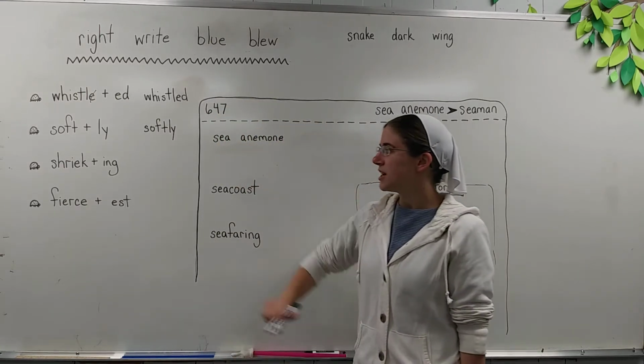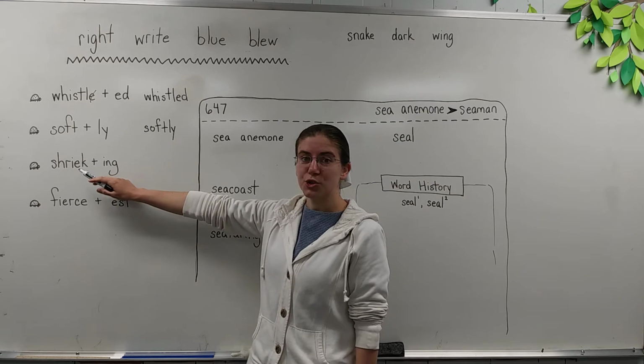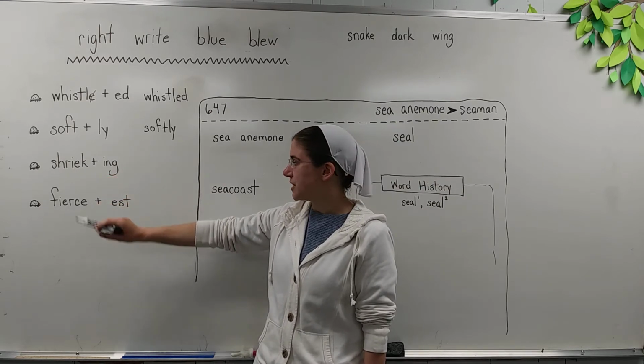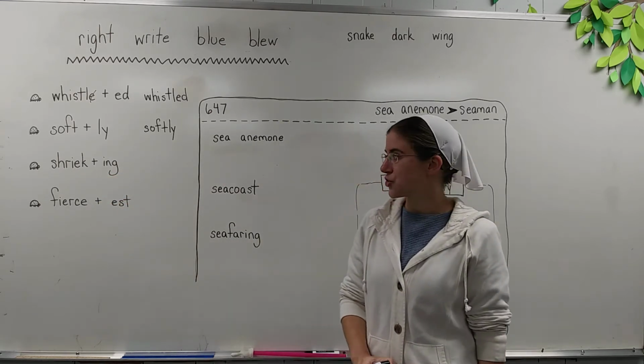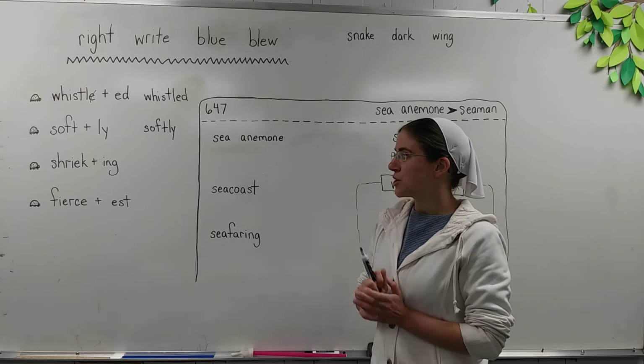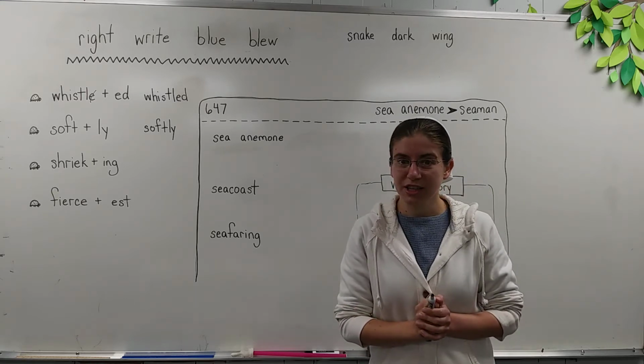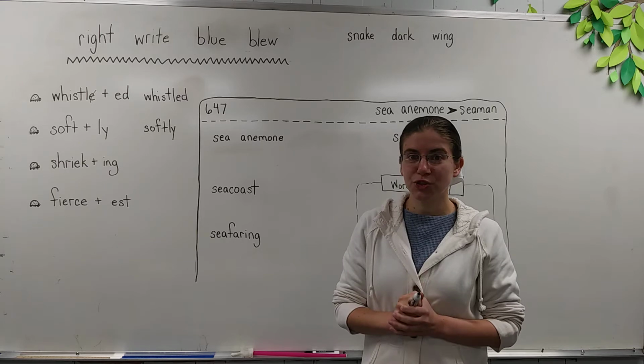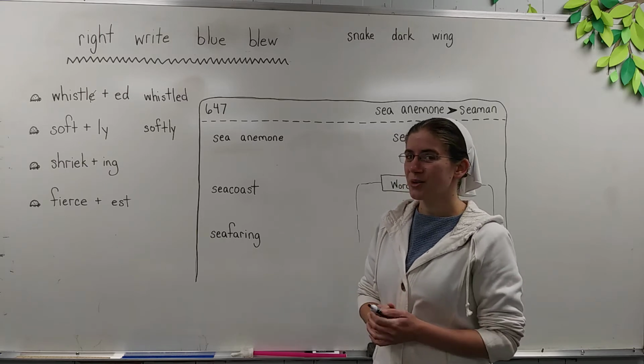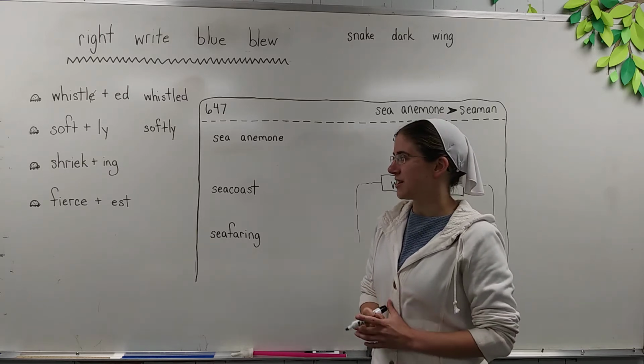So the little girl tiptoed softly across the carpet. Okay, now we have the word shriek. Shriek. IE says E in shriek. So, shriek plus ing equals shrieking. Go ahead and write the word shrieking.